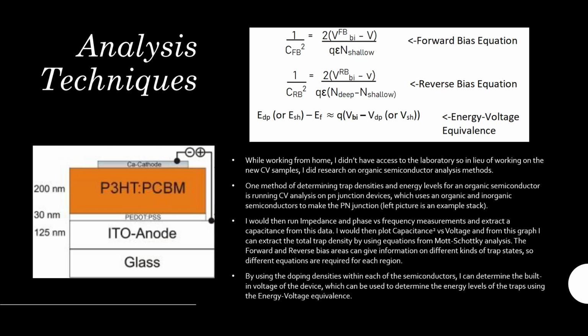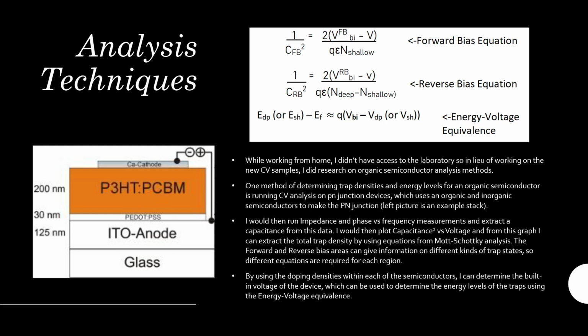One method of determining trap densities and energy levels for organic semiconductors is running CV analysis on PN junction devices, which uses an organic and inorganic semiconductor to make the PN junction, as pictured on the left over here. A PN junction device is basically a device that uses two semiconductors that are doped with different prevailing charges.